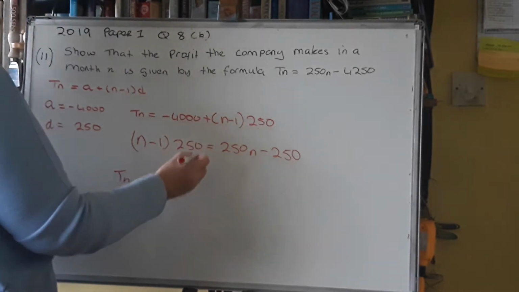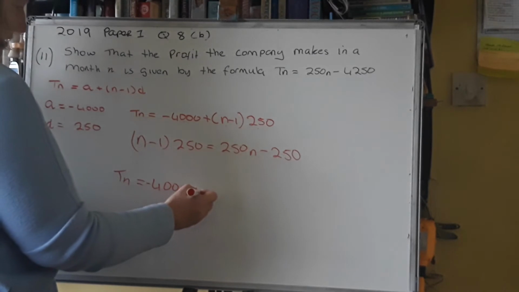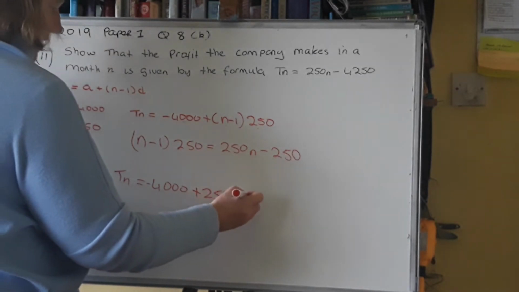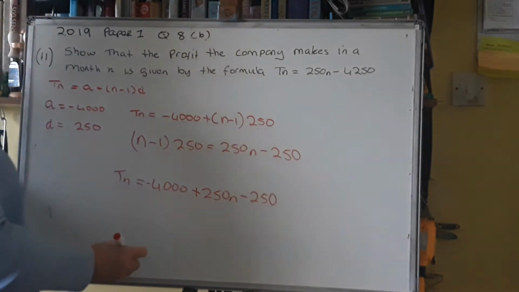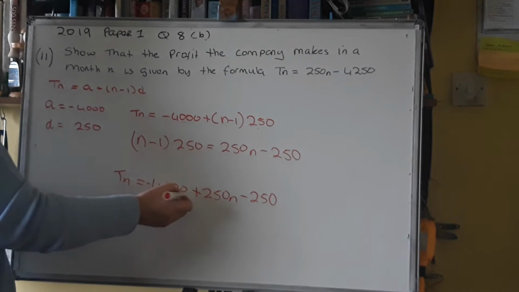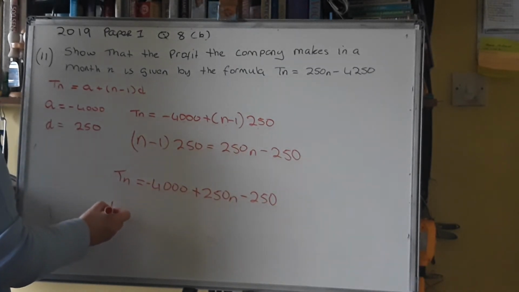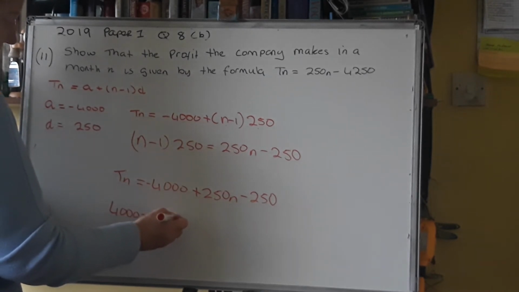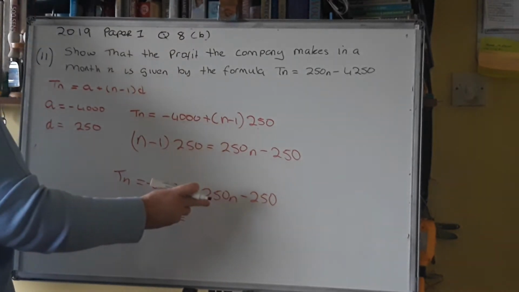And we're going to put all of this here now. So plus 250n minus 250. So that minus 250 can be taken off the 4,000. So next we do the 4,000 minus 250.